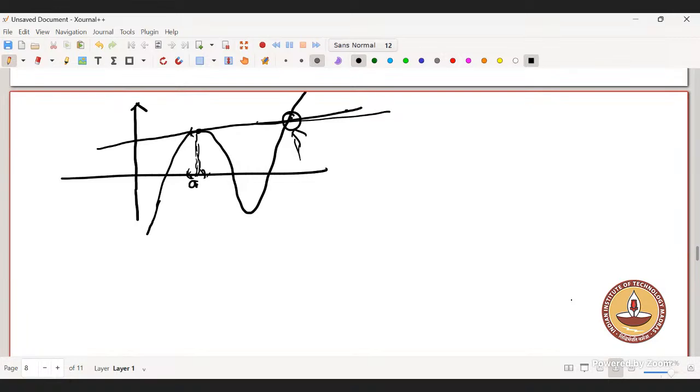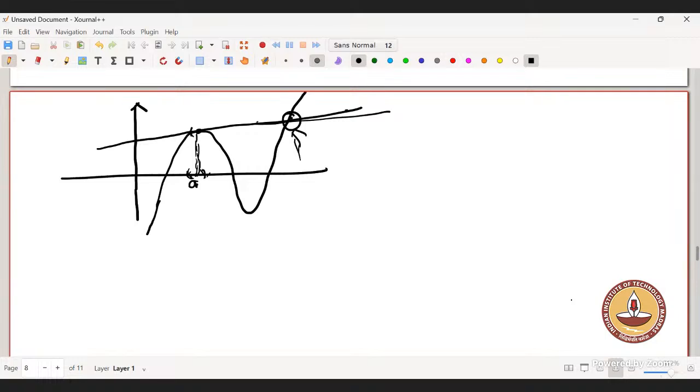Okay, sir. Thank you. If you are computing at a point, then in a very small interval containing that point, it will not cut the curve. It will basically touch the curve, but it can cut the curve at some other point. No, sir. I am talking about the tangent line at x equal to a.